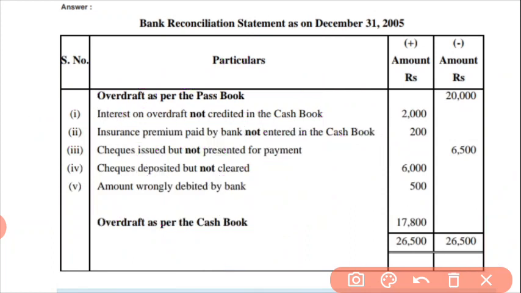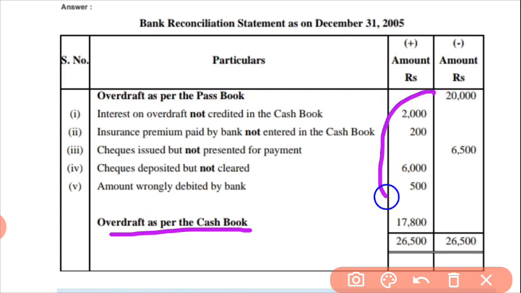So here you have to write overdraft as per cash book. I have told you many times: if you start as per cash book, you have to close by passbook; if you start by passbook, then you have to close by cash book. One more thing: don't write the excess balance on the excess side.